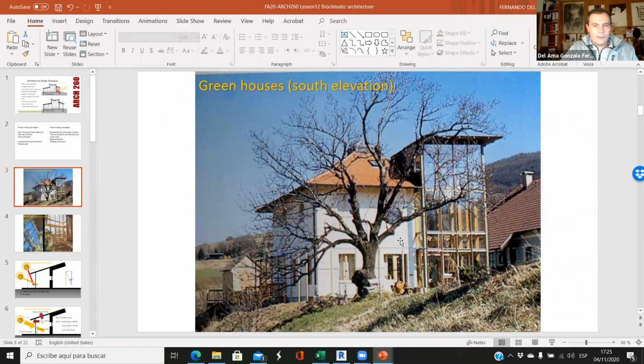Greenhouses work well in cold countries because we have an area that is made of glass, and it can make the most of the winter sun. So this is what a greenhouse is. For sure, it has to be south oriented. If we have a greenhouse oriented to the north, it's a huge mistake.